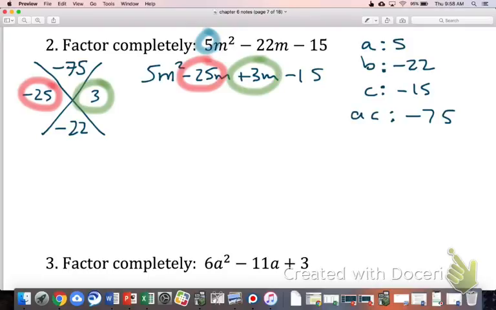So all I'm doing, if you think about this, stop and think for a second. What's negative 25m plus 3m? Negative 22m, right? So have I really changed the value of this at all? I haven't changed it at all. What I've done, though, is I've split that b up into a nice split that's going to help us here in a second get some good factoring. Make sense? That's called split the b. Any questions at all?